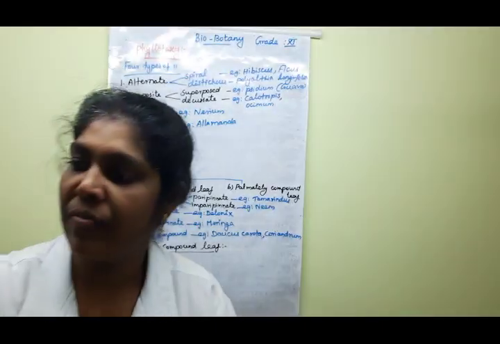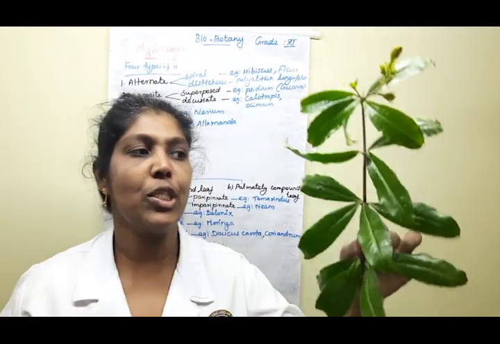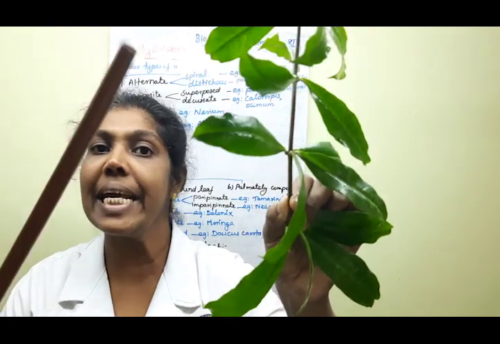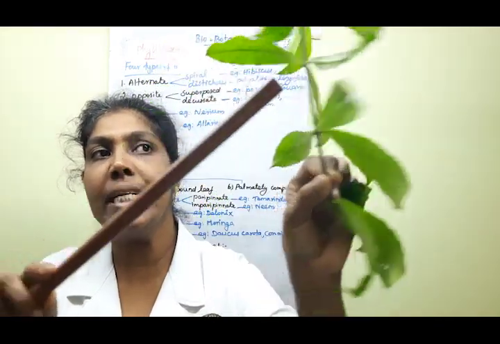That arrangement of phyllotaxy is known as whorled phyllotaxy. All of you look at this specimen, children. Very good. Here each nodal region has three or more leaves. Already I said three or more leaves are present in each nodal part.